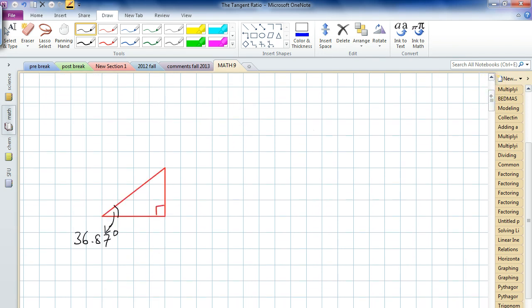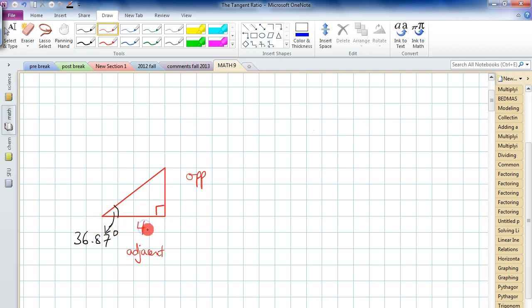Let's say we have this triangle here, and we know that that angle there is 36.87 degrees. We know that this side here is the adjacent side, and this, which is opposite from it, will be the opposite side. We can see with the little grid lines, that's 1, 2, 3, 4.